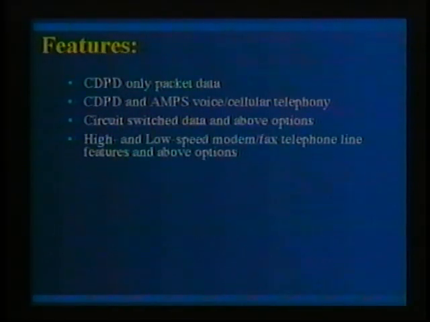In fact, however, the uniqueness of the system that is being described today is that it can not only provide packet messaging, but it can give, with the same technology, users access to AMPS cellular telephony. And we therefore believe that there will be subscriber unit products that combine packet messaging with cellular telephony. As you know, since we are using the cellular network, it is also possible to offer cellular circuit switch data above and beyond the above presented features.